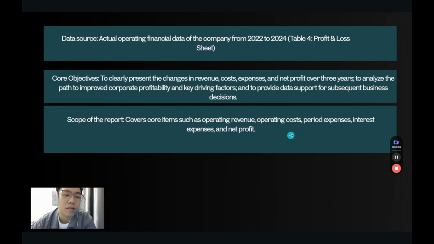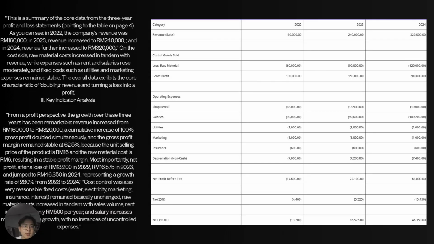The last one is the scope of the report, which covers core items such as operating revenue, operating cost, product expenses, interest expenses, and net profit. That's my part done.